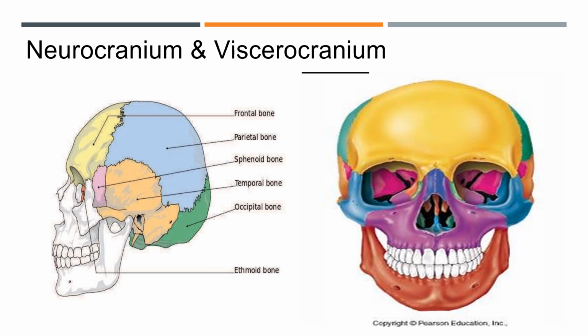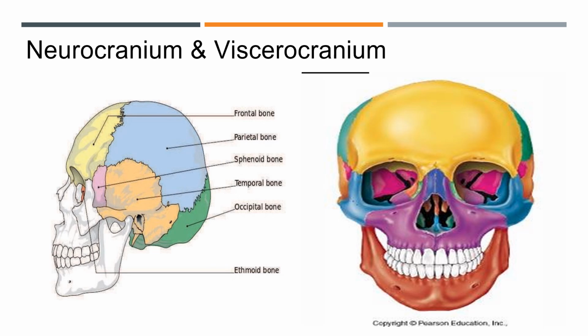The viscerocranium, which is known as the facial skeleton, comprises 14 bones that provide the structure of the face. It houses important sensory organs like the eye and ear, and it is also similar to the neurocranium.